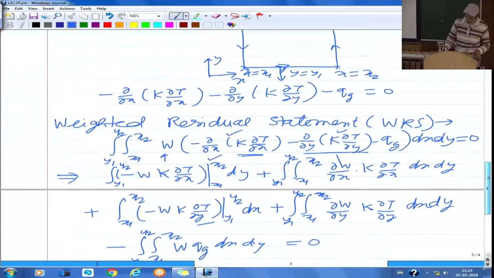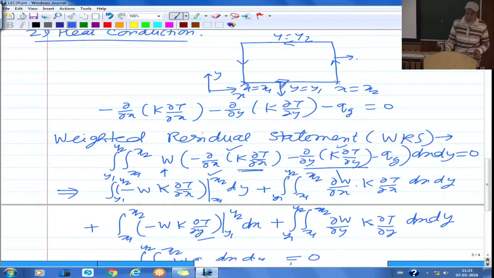Here the outward normal is along the plus x direction itself, and so if you look at this term here, minus k del T by del x is actually giving me the heat flux along the outward normal to this particular boundary of the domain. So again I can write this term, minus k into del T by del x, as actually q_n, so it would become simply w q_n, and then of course the integration from here to here. So I am going in the same direction, that is integration from here to here. Then when you come to this boundary, are you following what I am saying?